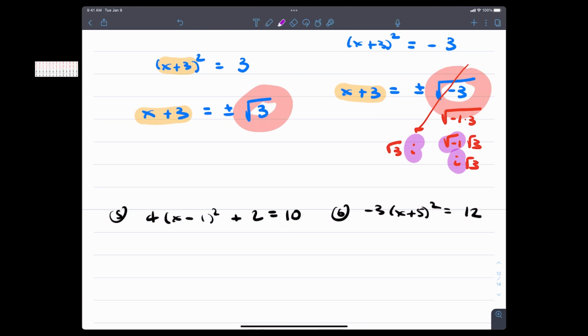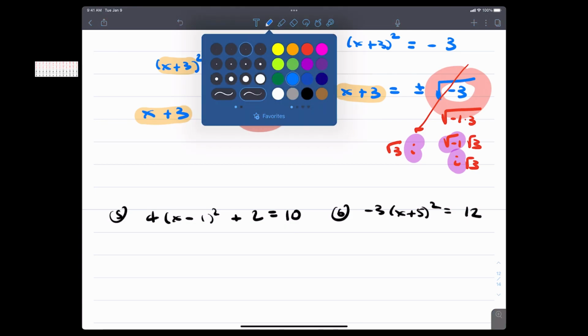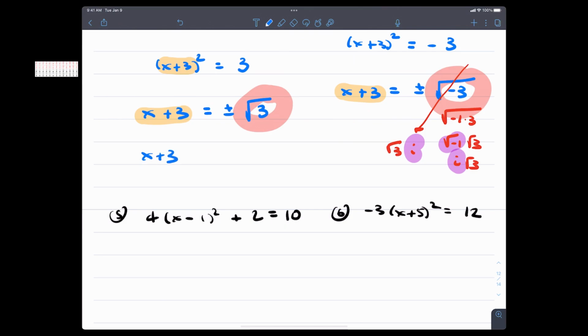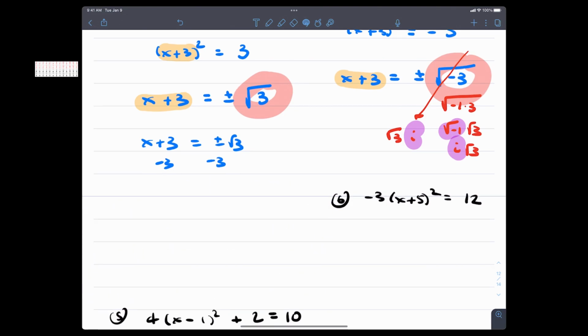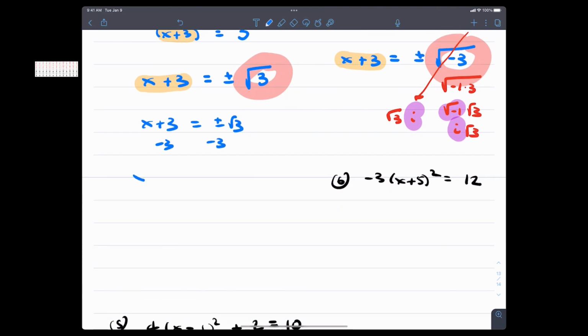So the square root of 3, though, is already a simplified radical. So I got x plus 3, right, plus or minus the square root of 3. Subtract the 3 from both sides on the left, and you get negative 3 plus or minus the square root of 3. That means two things.